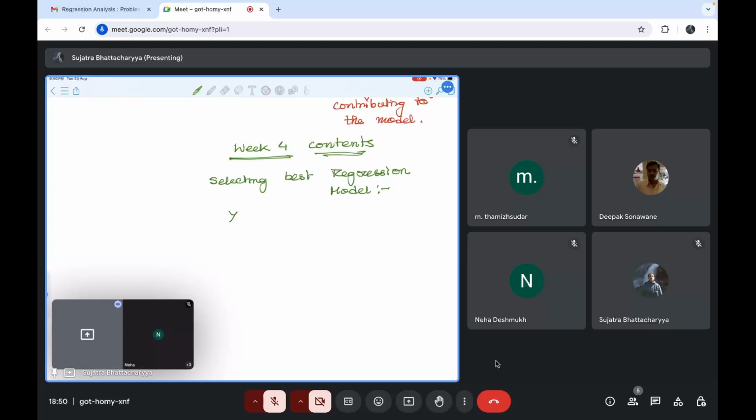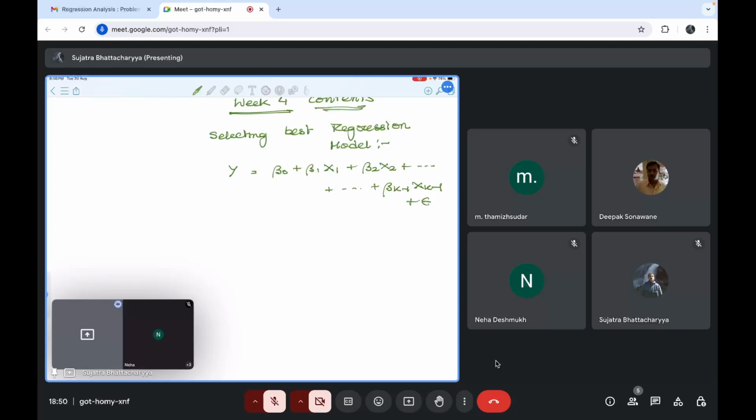So you have y is equal to beta naught plus beta 1 x1 plus beta 2 x2 and so on up to beta k minus 1 x k minus 1, which represents that there are k unknown parameters, beta naught, beta 1 up to beta k minus 1, and there are k minus 1 regressors. Fine.